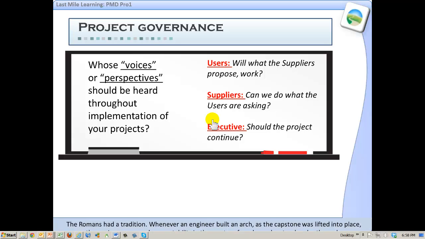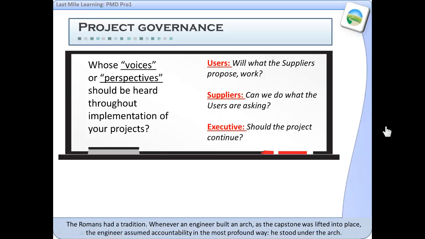Now I want to talk just a little bit about governance. And we could mention governance in conjunction with any of the phases, but we've mentioned it here because often the setup is when the governance body is usually formed. The idea here is that you want to have voices or perspectives heard throughout the implementation of your project.